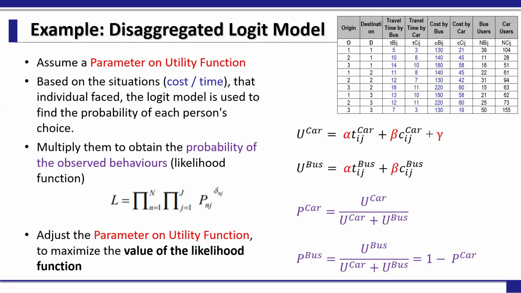The disaggregated logit model is used to find the probability of each person's mode choice. As I explained previously, the utility of car and the utility of public transport are modeled, and then the probability of car and of public transport is estimated.